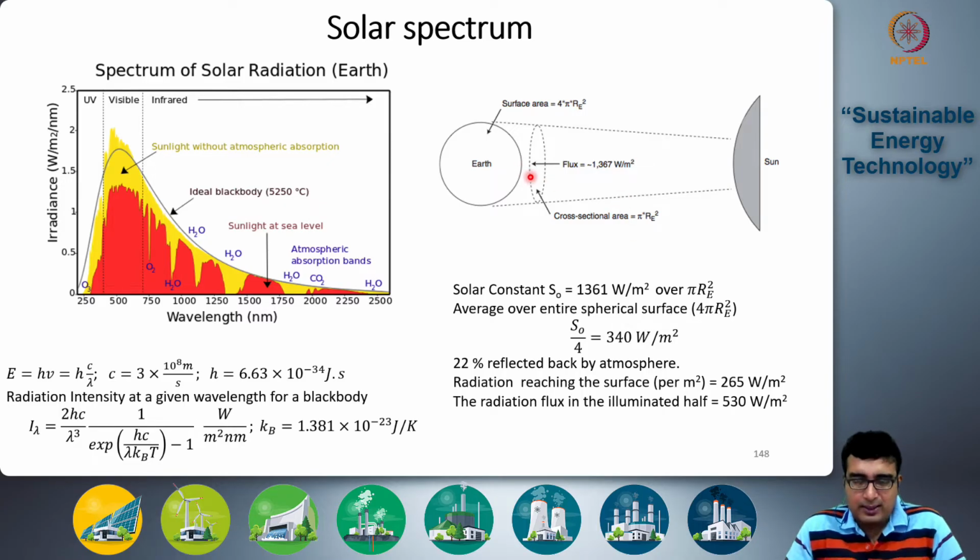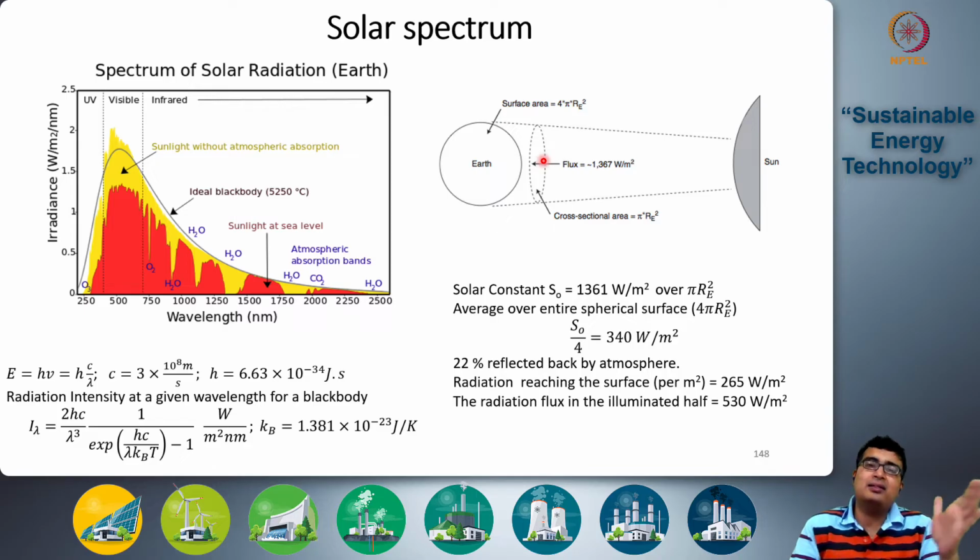Now the solar flux in terms of watts per meter square, that is the amount of energy that is incident on this circular cross-sectional area at the earth-sun distance per second per meter square, is around 1367 or 1361. So the values are slightly different depending on which decade we are looking at. The most recent values are around 1361 watts per meter square, and this is incident over a cross-sectional area of pi Re square, where Re is the radius of the earth.